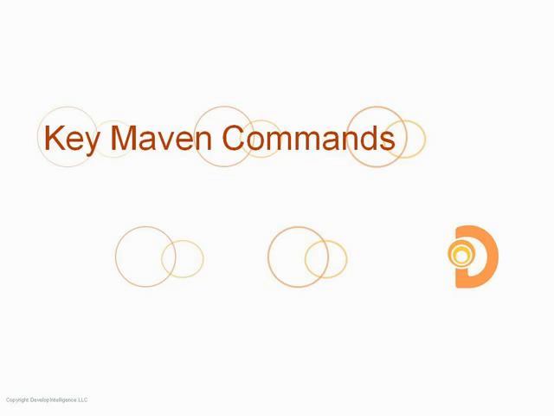A plugin goal is most closely related to an Ant task. So if I wanted to physically invoke something like the jar task in Ant, in Maven terminology I would be invoking a plugin goal.